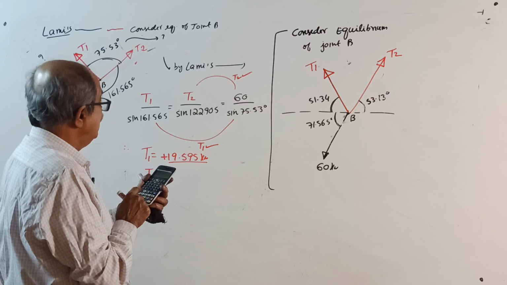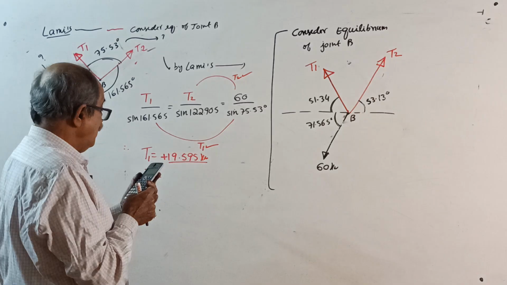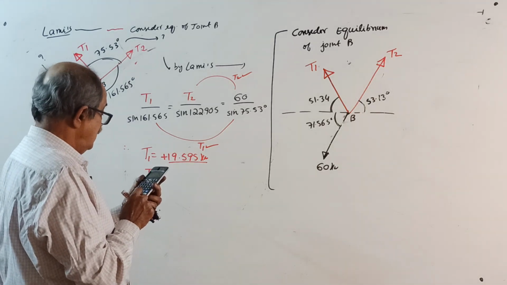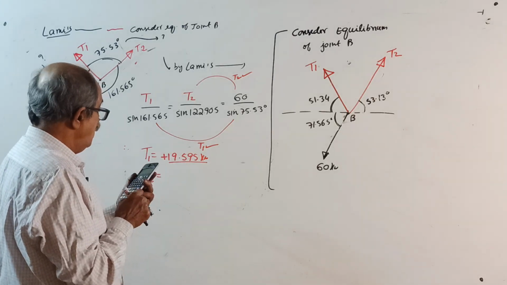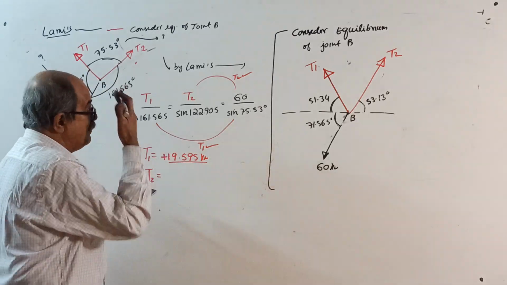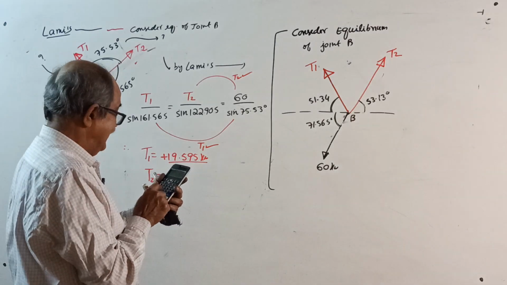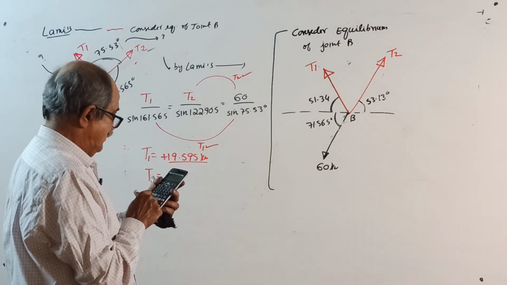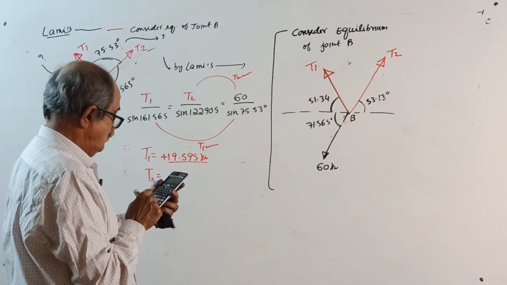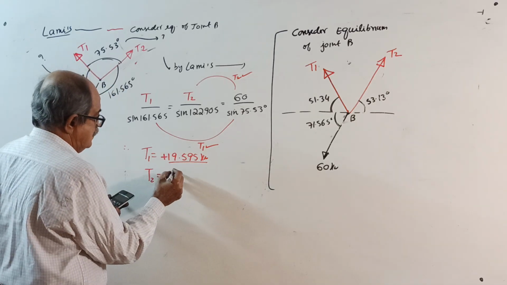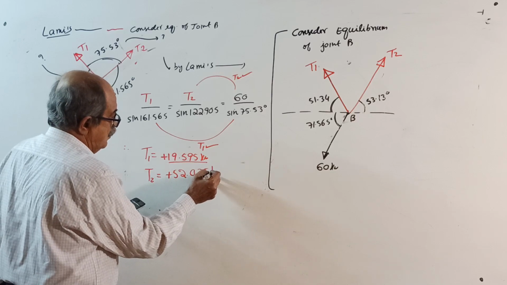That is the old habit. In the earlier calculator, you press the angle first, then press sine. I was used to that earlier. Once again I am doing the same thing: T1 is 19.595. Again, 60 divided by sine of 75.53 times sine of 122.905 gives 52.025 kilonewton.